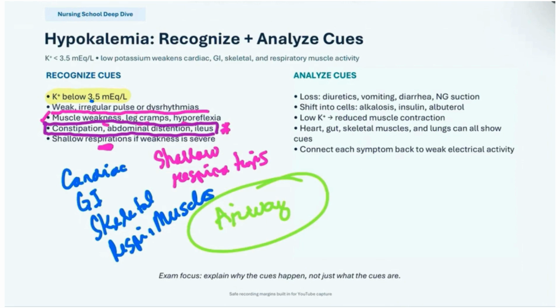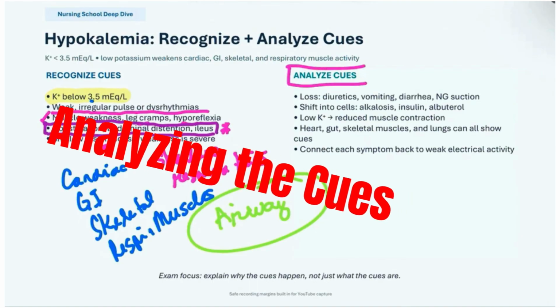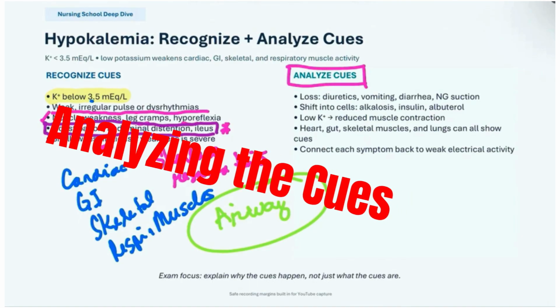Now, let's analyze them, because recognizing hypokalemia is only the first part. You also need to understand why the potassium becomes low, why it is dropping, and why these symptoms are occurring. So this is where we're going to start analyzing the cues.